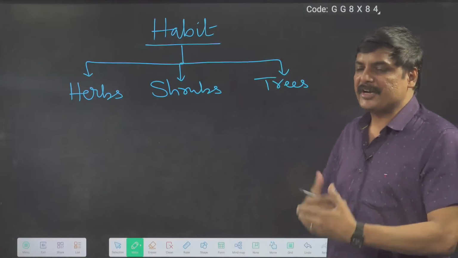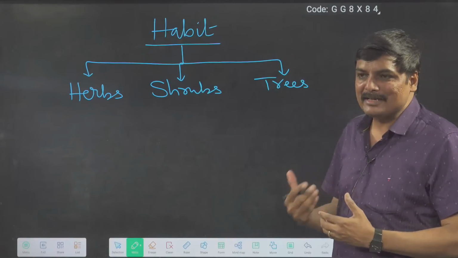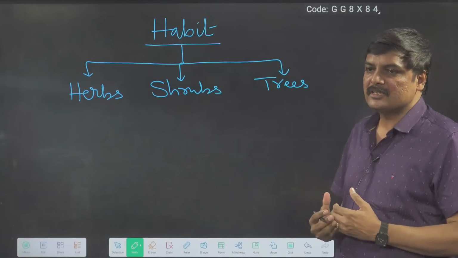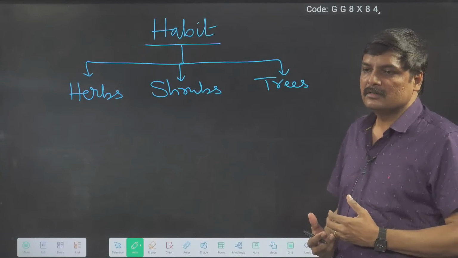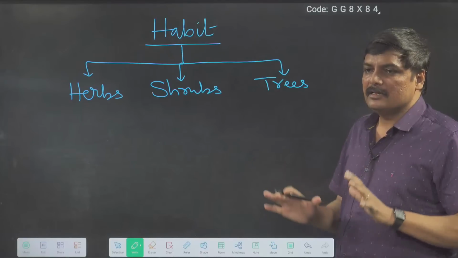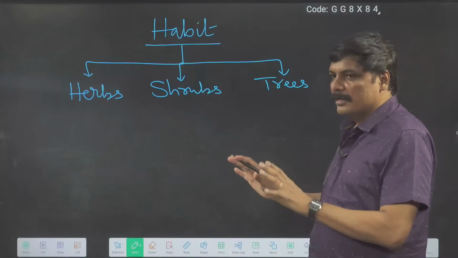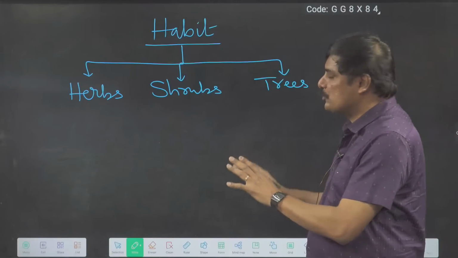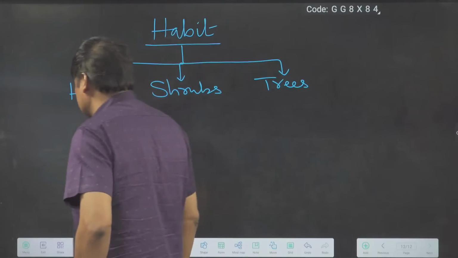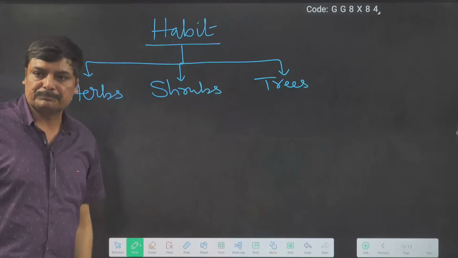They may be trailers, creepers, twiners, climbers, lianes, epiphytes. There are so many plants, but usually we divide angiosperms into 3 groups based on the habit: herbs, shrubs, and trees.